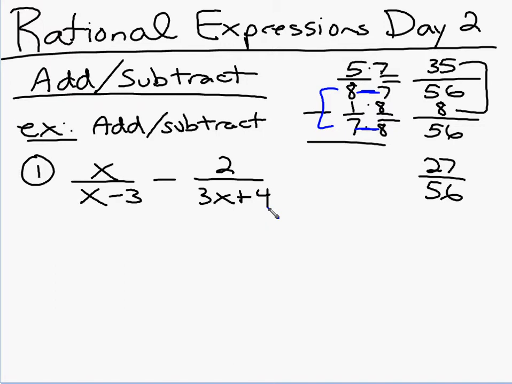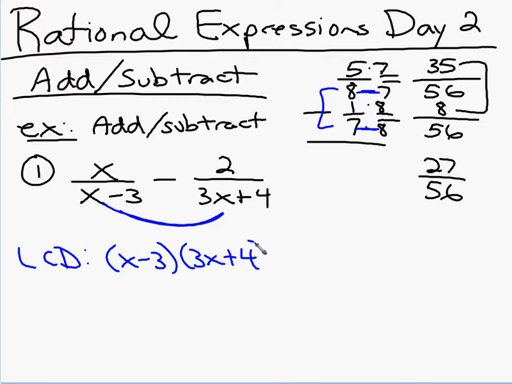Well, just like the problem I started with, we can get a common denominator by multiplying these two together. So we should probably first identify what that least common denominator is. The least common denominator is x minus 3 times 3x plus 4. That is the least common denominator in this case.